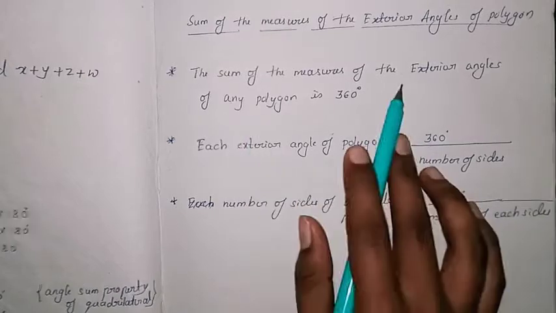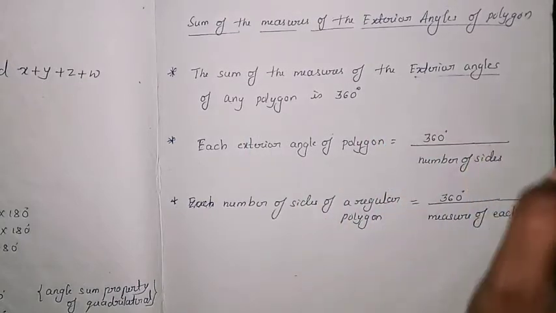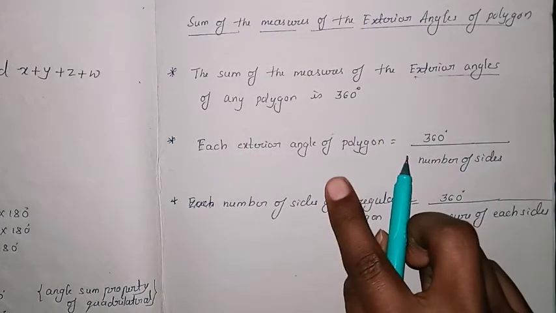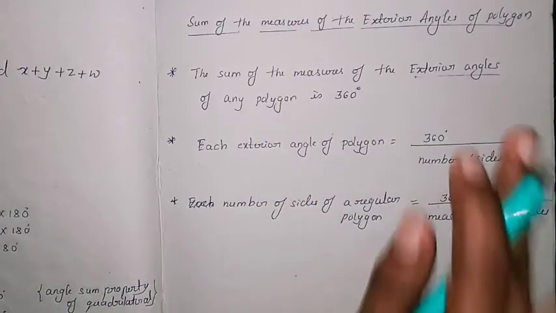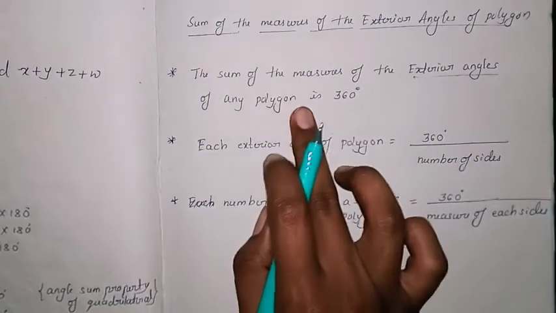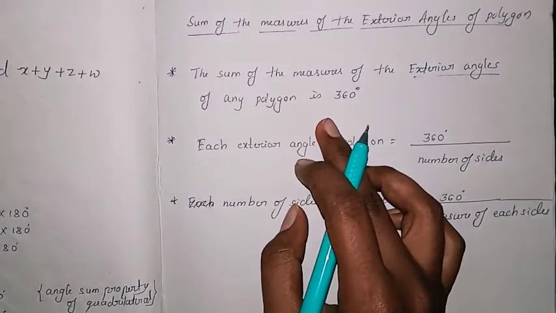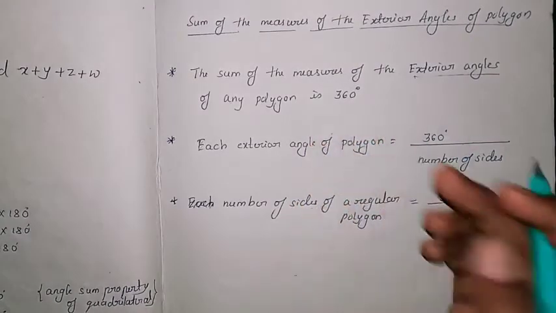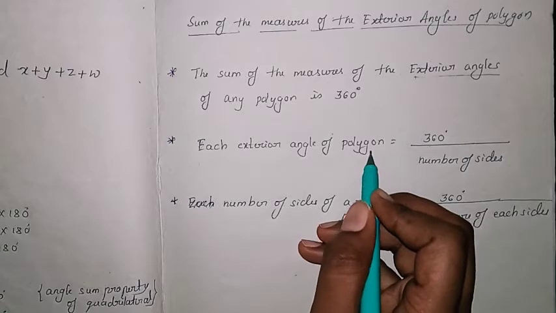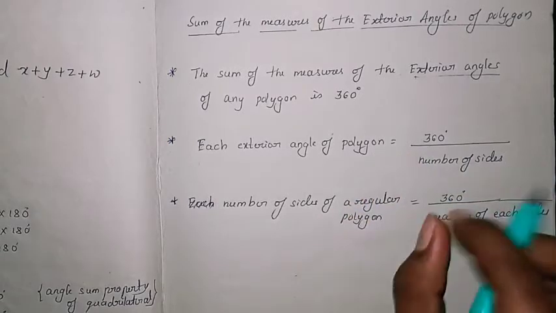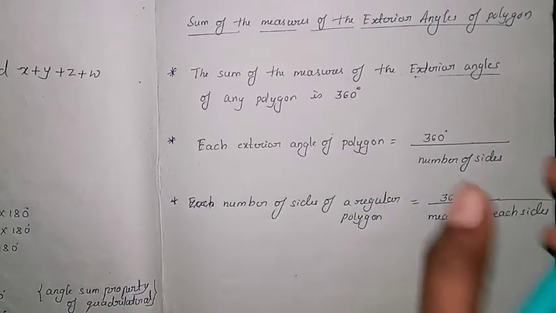And here is the sum of the measures of exterior angles. Remember, for the interior angles of a quadrilateral, you have to use the formula. If it is exterior, you can directly say it is 360 degrees. And it is possible to find each exterior angle of a polygon if the number of sides is given.